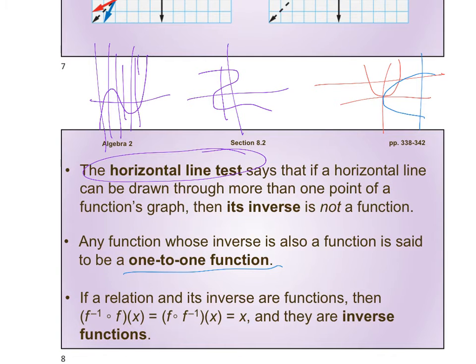If a relation and its inverse are functions, then we know that the composition, remember that circle thingy is the composition, of the function both directions, the inverse inside the function and the function inside the inverse, will always give you x. Both of them have to give you x. That's how we can check for inverse functions. That's a check for inverse.